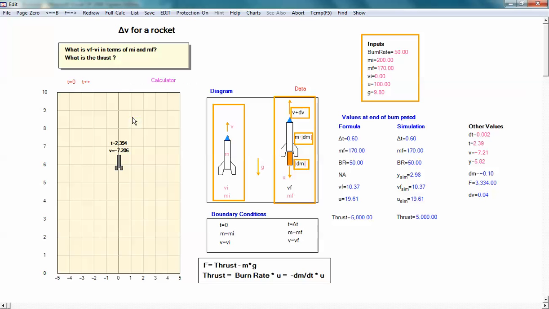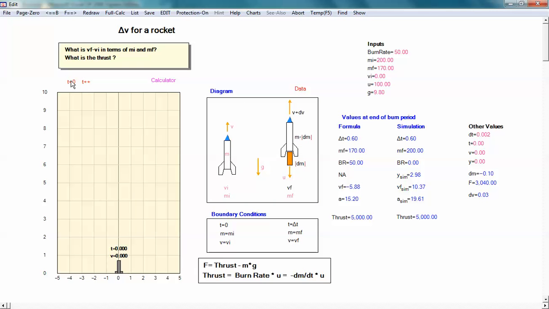So let's go to the rocket simulation, and let me initialize it and clear my temporary marks, and let's just fire our engine off. And what we see is the rocket taking off, and we see the exhaust of the rocket shooting out the rocket engine at a certain velocity.